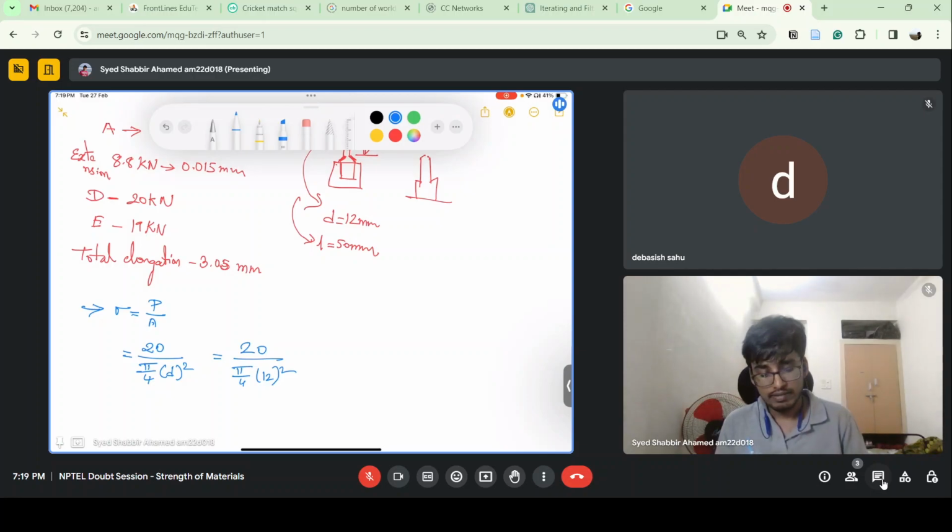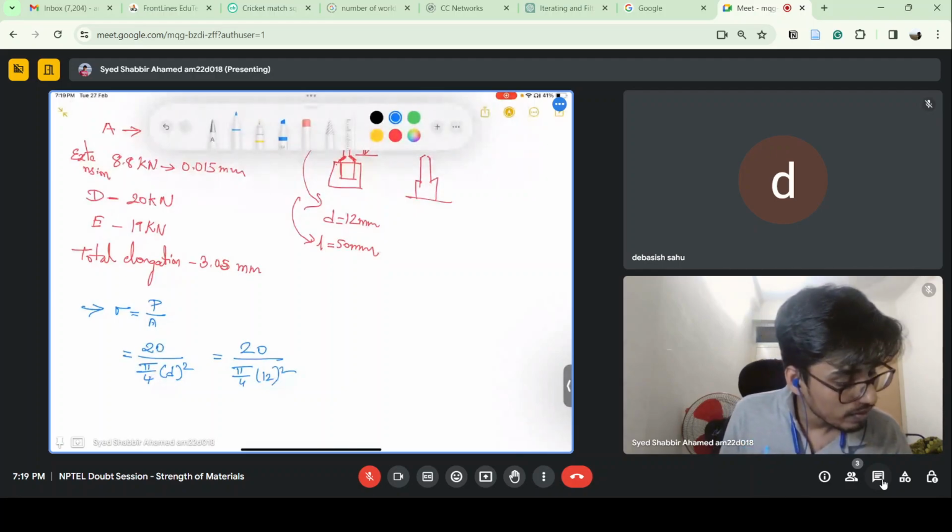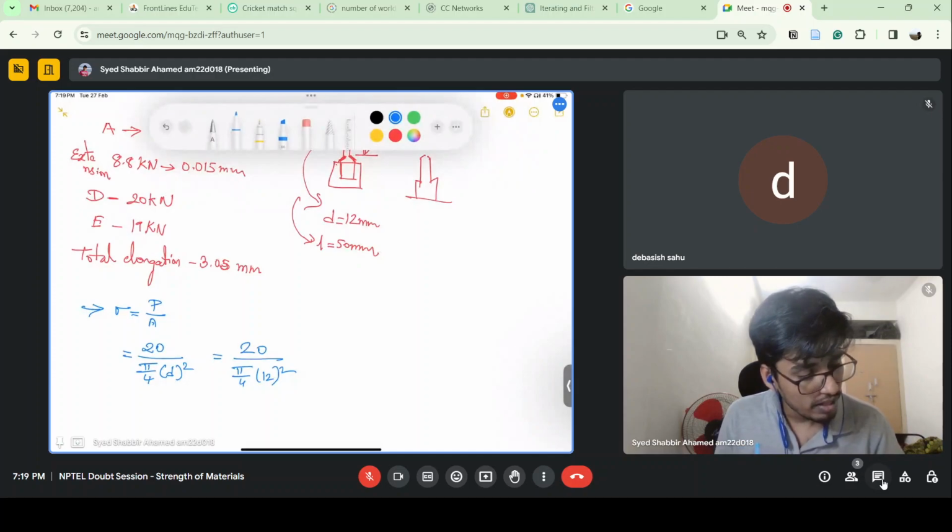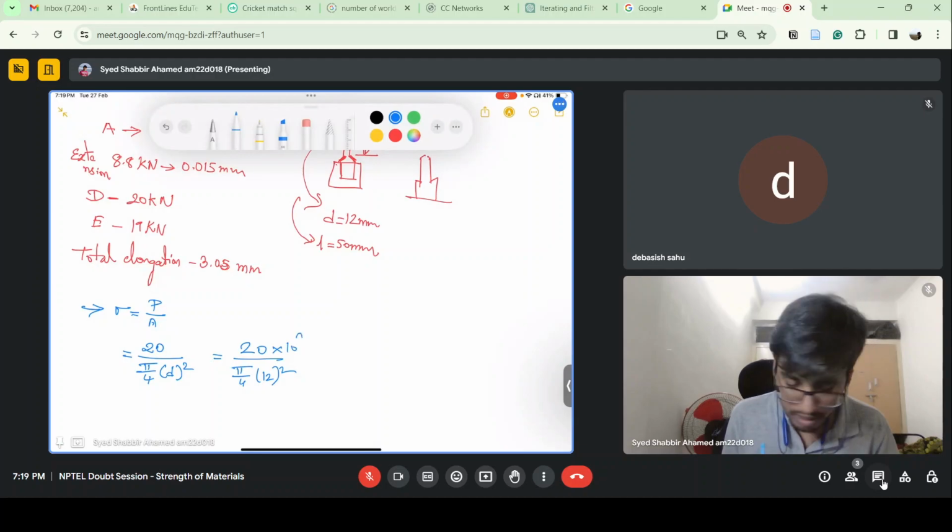So if I calculate 20 by pi by 4 d square, because this is in kilonewton, I'll take 10 cube.